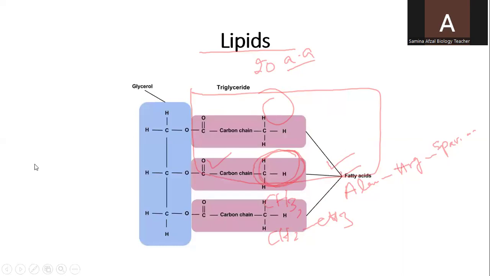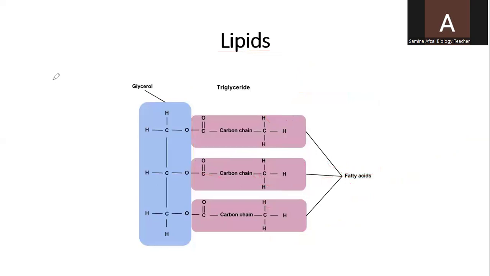And here, the next biological molecule is lipid. Lipids are made up of glycerol and fatty acids. One glycerol molecule will join with three fatty acid molecules, and there will be the formation of triglycerides.